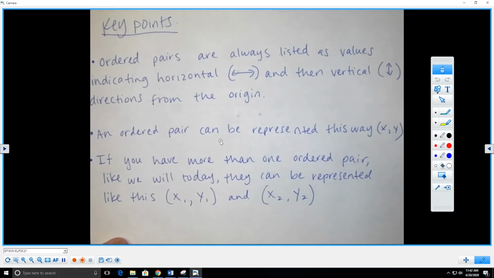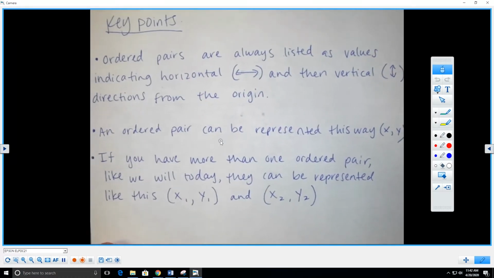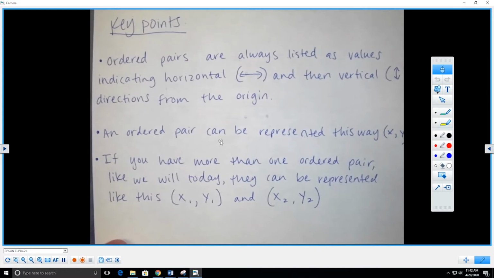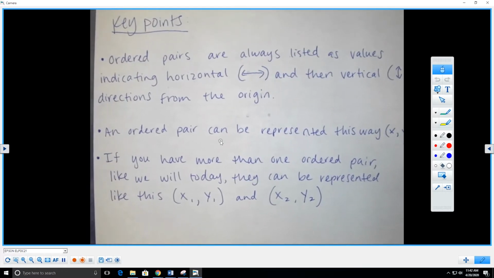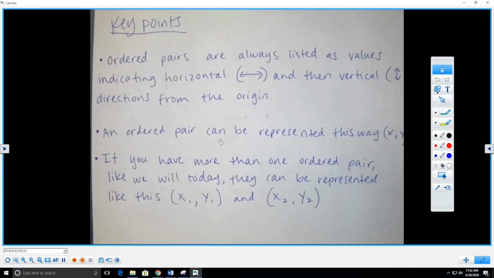The subscript tells you or helps you identify which set of ordered pairs you are working with, like the first, second, third, and so on and so forth.